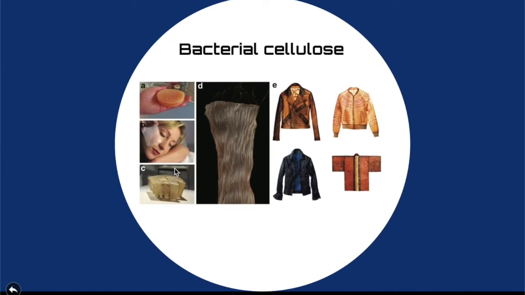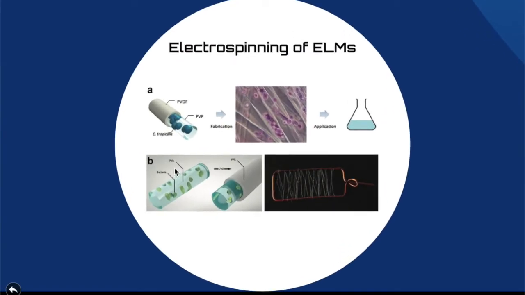And then bacterial cellulose to recreate the fabrics for clothes, jackets, and the electrospinning of ELMs. So we are using the electrospinning. Basically, electrospinning is for fabricating the fibers. So this is the fibers, but we are incorporating the living materials inside the fibers.